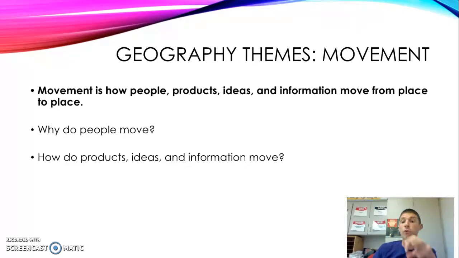So we finally have movement. It's how people, products, ideas, and information move from place to place. So when you think of movement, you might think of migration, which is certainly a type of people movement, or immigration. But also just the fact that I'm creating a video here and posting it online is showing the movement of information that I'm putting out online to you.